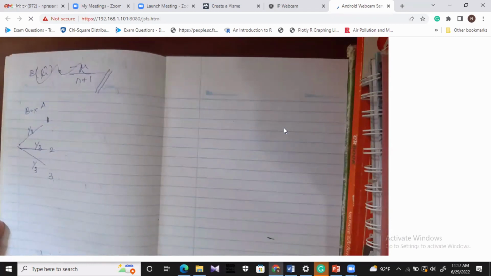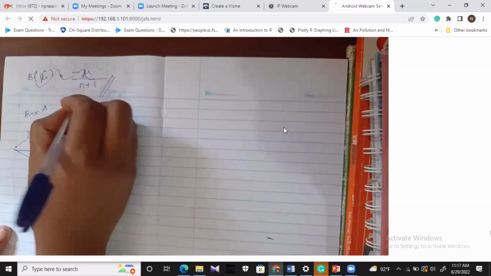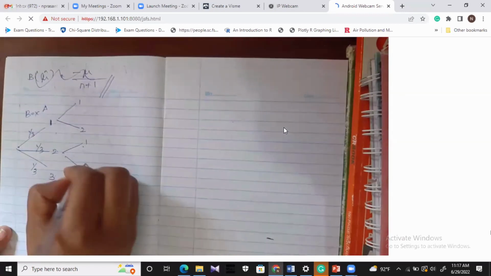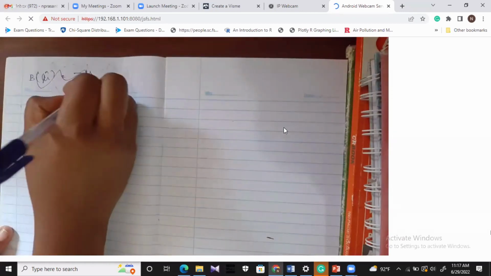Right? Now box B contains only 2 cards, number 1 and number 2. Out of 2 cards, we may get either 1 or 2. So this is the outcome for box B, right?